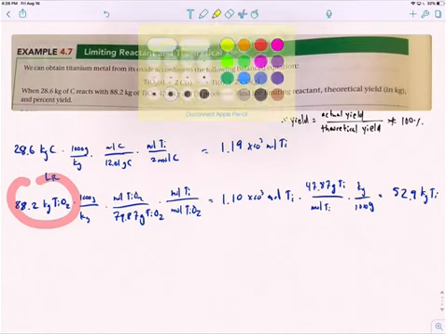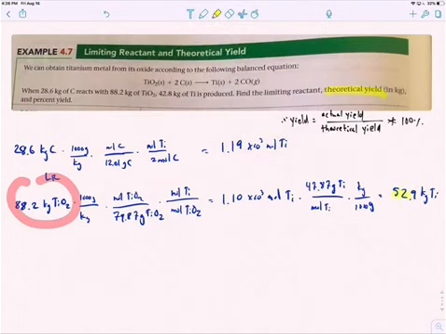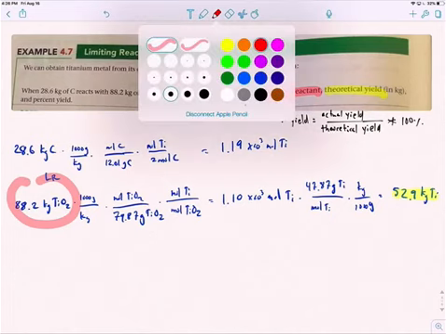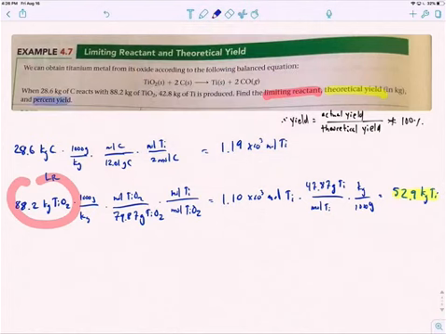So I'm doing this in yellow. So 52.9 is our theoretical yield. And our limiting reagent, I did in red. So the limiting reagent is the titanium dioxide. The theoretical yield, yellow, is the 52.9, and I guess I'll do blue for the percent yield. So the percent yield is the actual yield over theoretical yield times 100%.